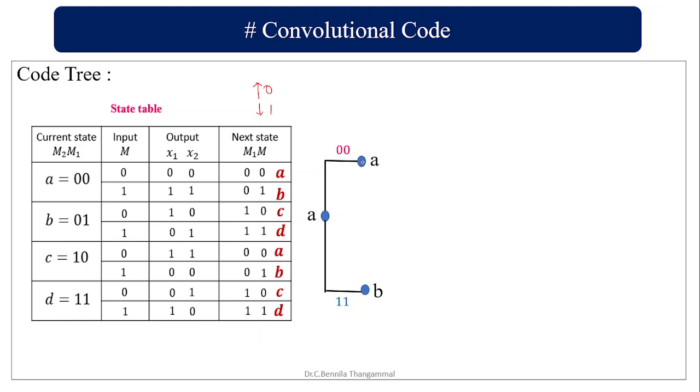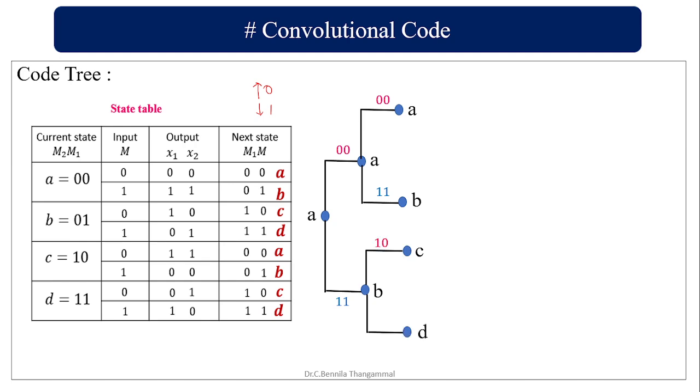Again from A, if your input is 0, it goes to A, 0 0 is your output, and if your input is 1, it goes to B, 1 1 is going to be the output. And from B, it goes to C when input is 0, it goes to D when input is 1. So at that time, the corresponding output has been noted.